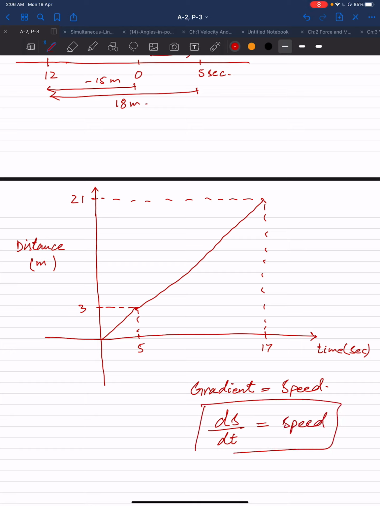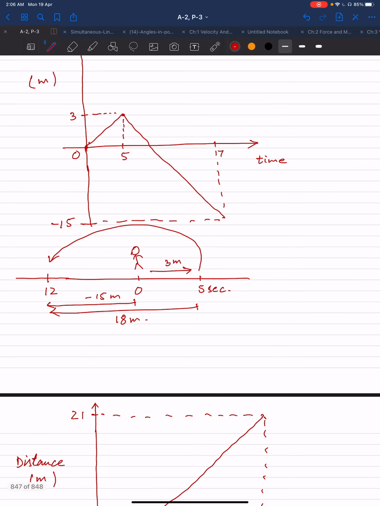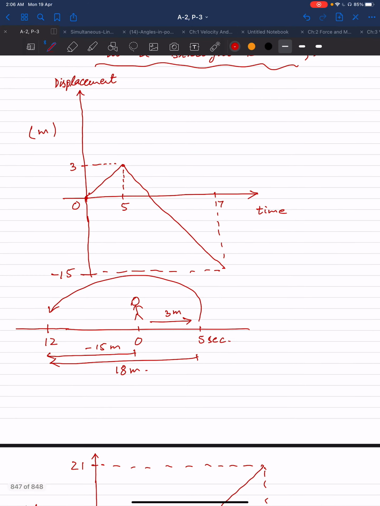While in the displacement-time graph, as it could be negative, the gradient could be negative here, and you know that negative means the direction of velocity. So in this graph, the gradient will be equal to velocity.